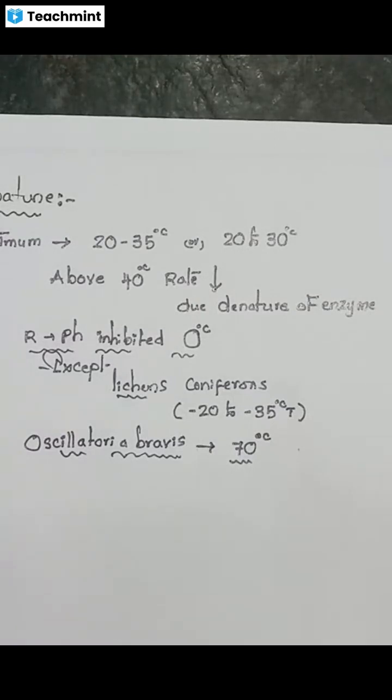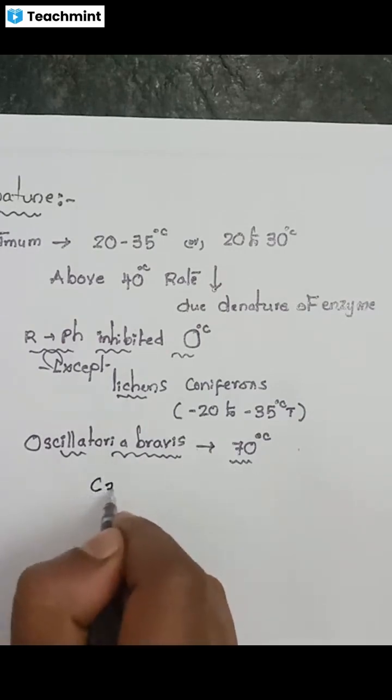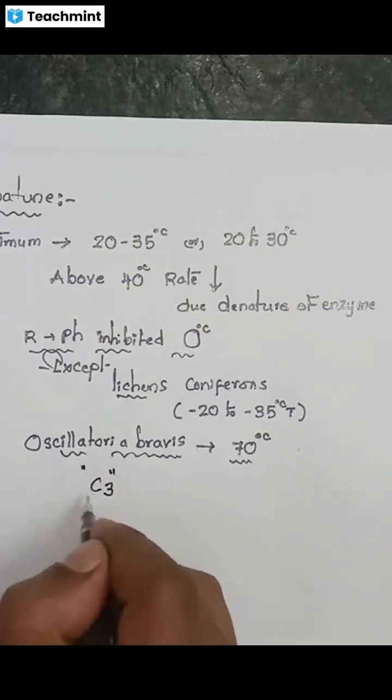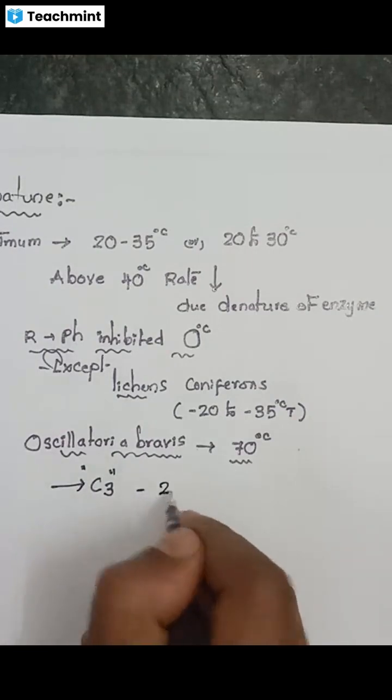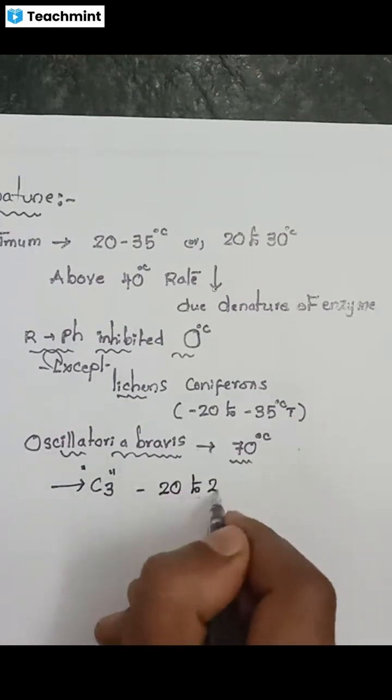In Oscillatoria brevis, photosynthesis even occurs at a high temperature of 70 degrees. In C3 plants, the suitable temperature is about 20 to 25 degrees.